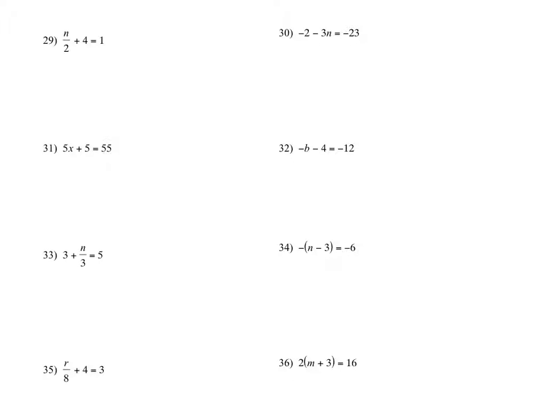So let's look at number 34. Same thing. I don't want this negative sign. And you can think about it as a negative 1 multiplied by it. That's fine. But the easiest way to get rid of a negative sign is to change all the signs.